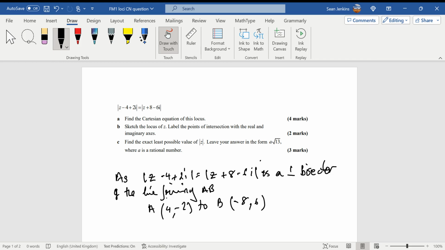And of course, this is your x1, y1, and this is your x2, y2.